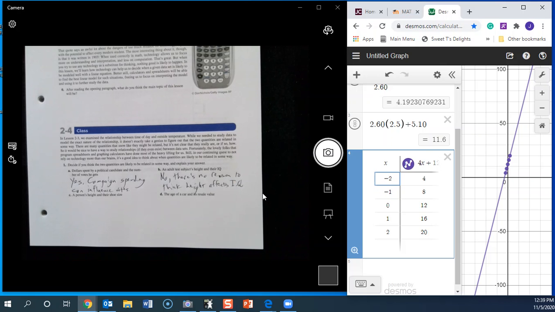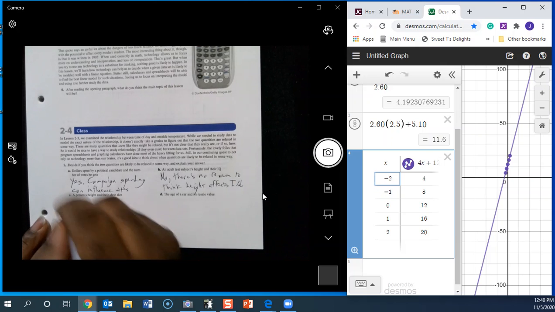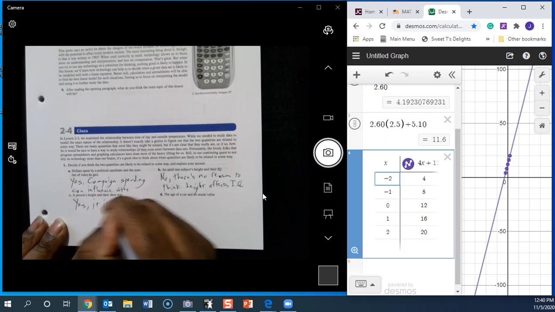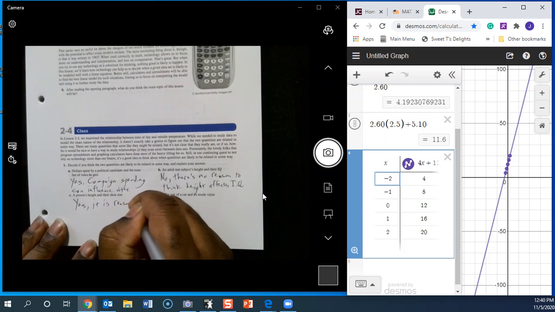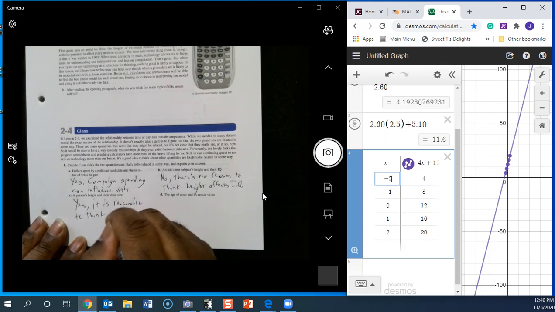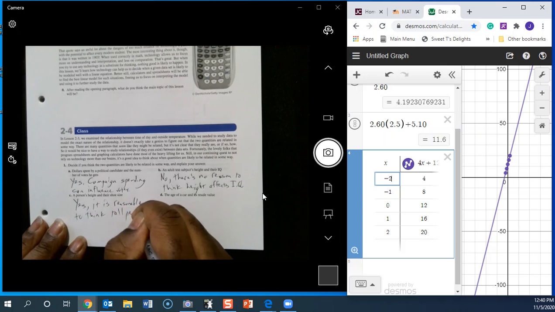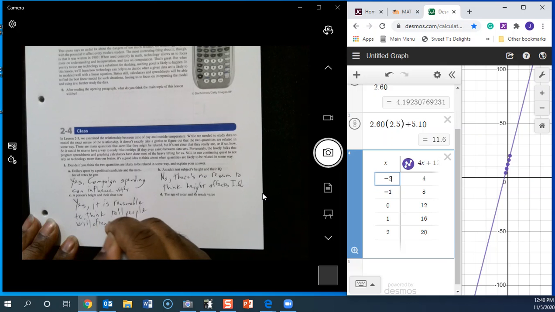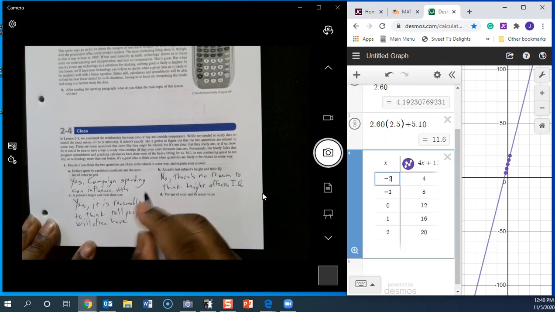C, a person's height and their shoe size. I would say yes, it is reasonable to think tall people will often have larger feet.